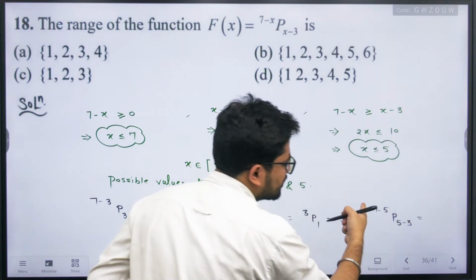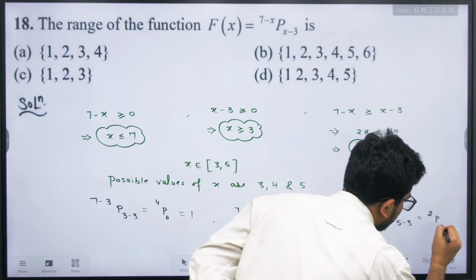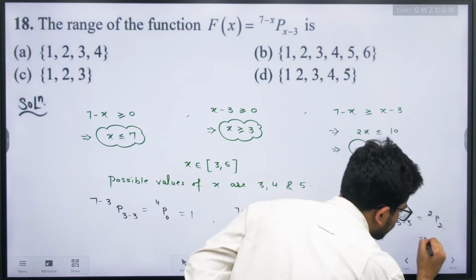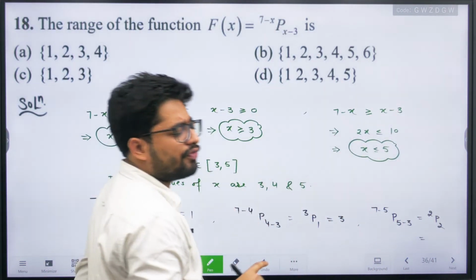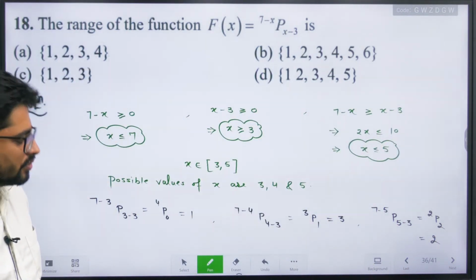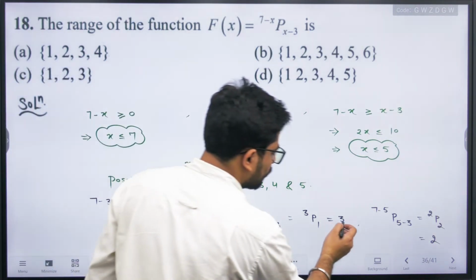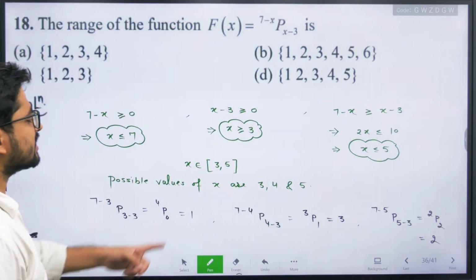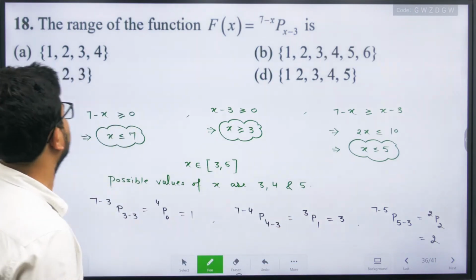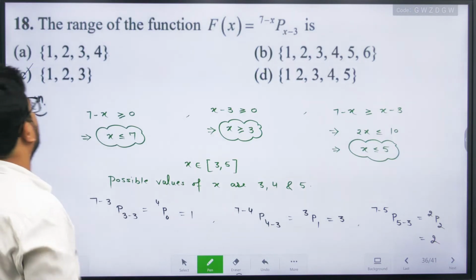So you can say this is 2P2, since 5 minus 3 is 2. So you can say 2 factorial upon 0 factorial, that is 2 upon 1, which is 2. Yes, so possible values of your function are 1, 3 and 2. So range is the set {1, 2, 3}. So option C is the correct option.